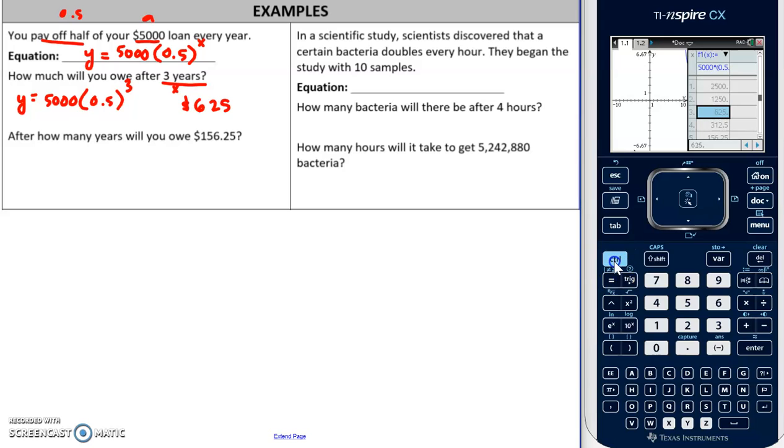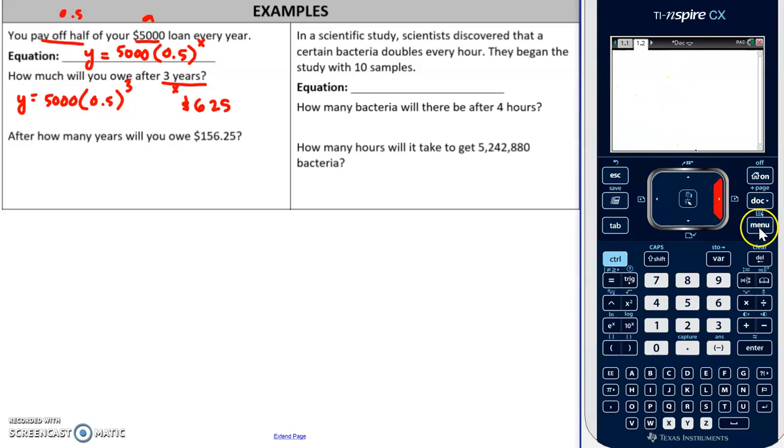If I go and open a calculator page, I could also n-solve, and let's see if we get to the same place. So remember, it's menu, algebra, numeric solve. I'm going to type this equation this time. So y equals 5,000 times 0.5, and this time it's to the third because I'm writing it substituted in.